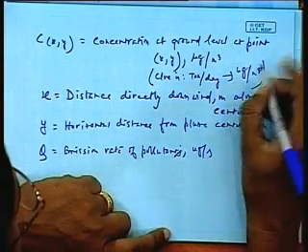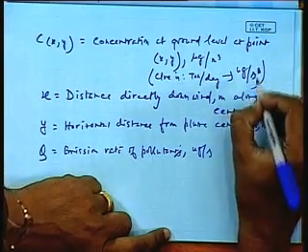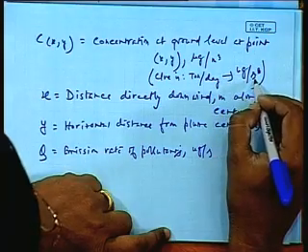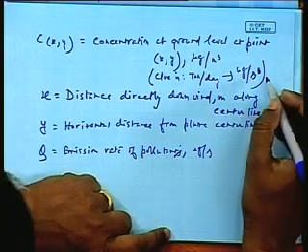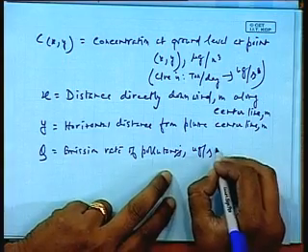I made a mistake here, just make a correction. Tons per day can only be converted into microgram per second. It cannot be microgram per meter cube. I am sorry, this was the emission rate of the pollutants.